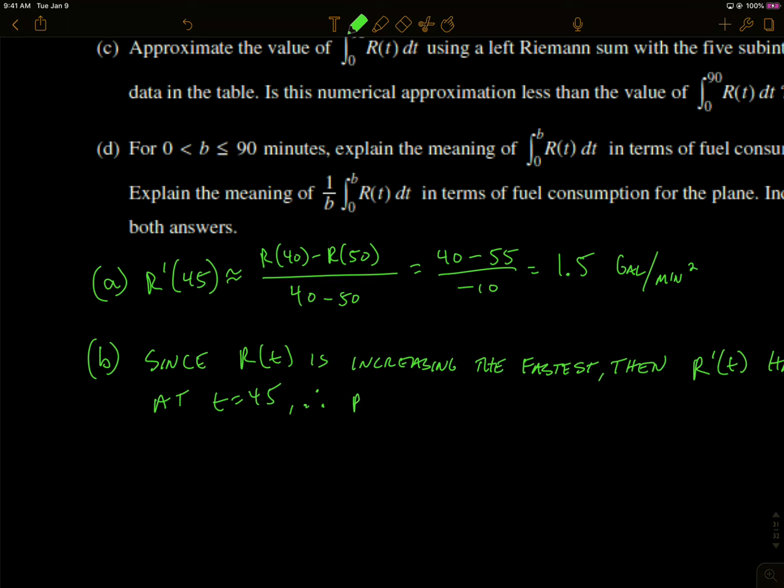Therefore, this means that r double prime of t equals 0 at t equals 45.